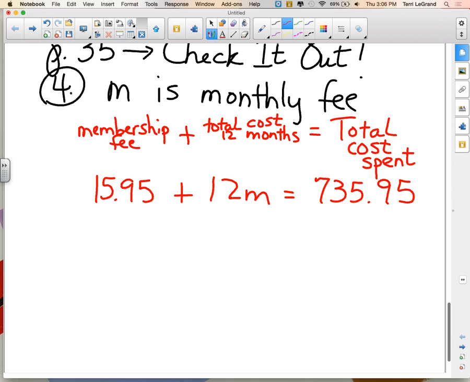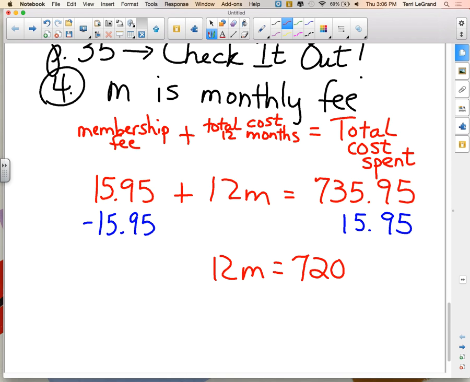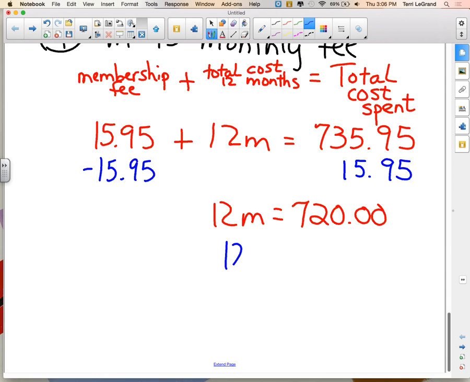Okay, then I guess we'll solve this one. How much was it per month? That's what you're trying to figure out, the monthly fee. Well, this is crazy.